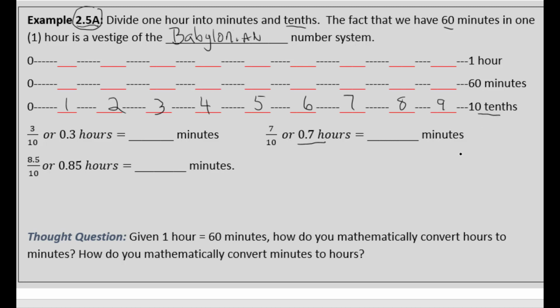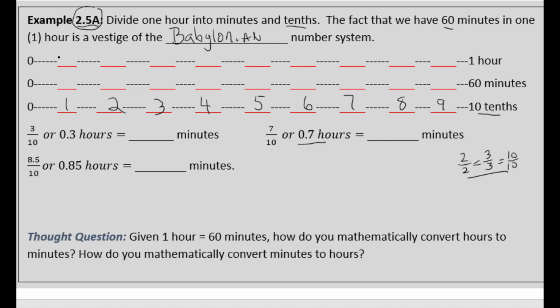Hopefully you know that 2 halves is the same as 3/3 is the same as 10 tenths. Right? So this is just the whole, which is 1 hour.